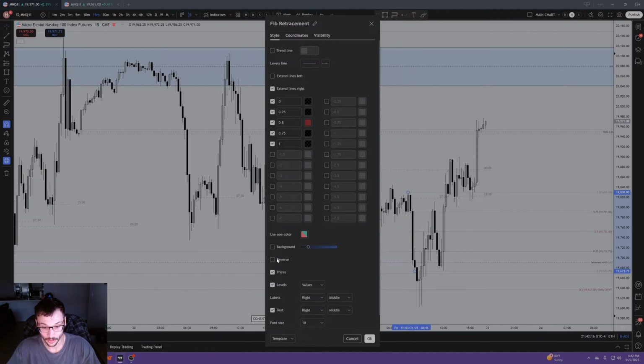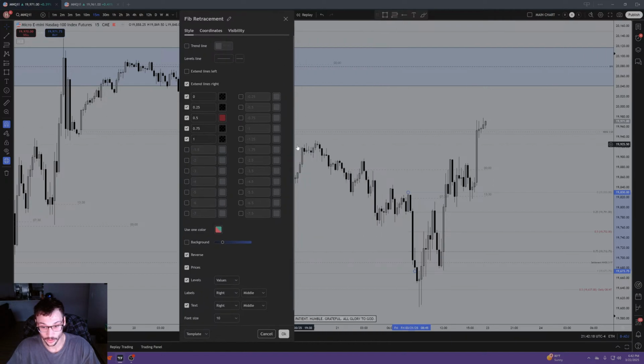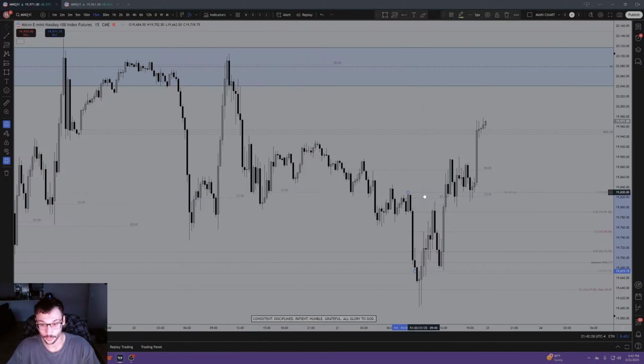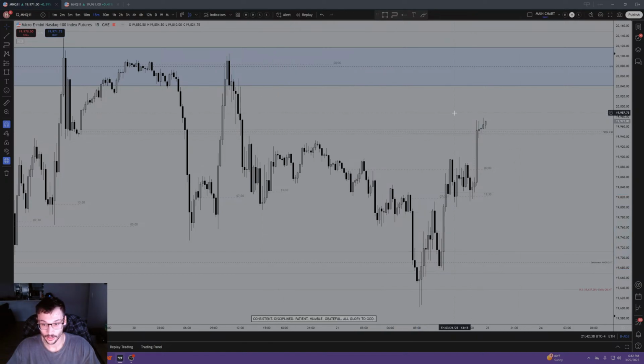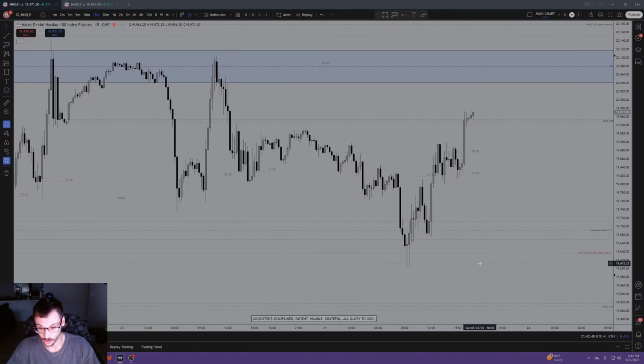And then you're going to hit the reverse. And where does it go? Bam. That can be used as a target, right? And these aren't exact projections, but sometimes they are.